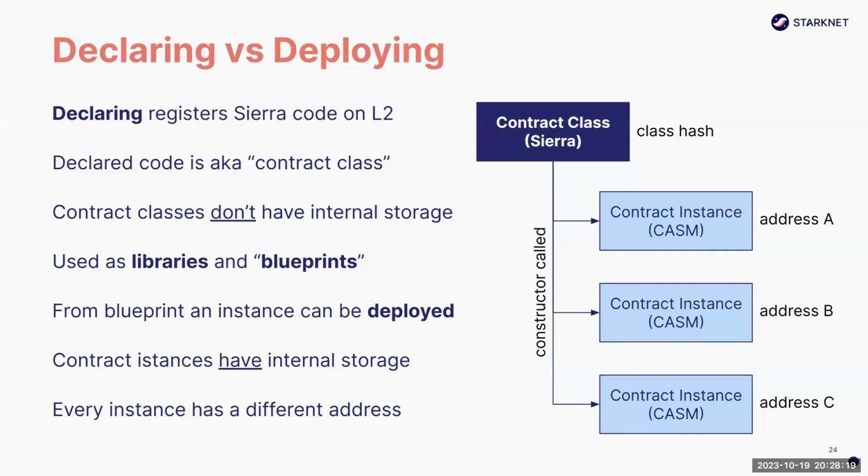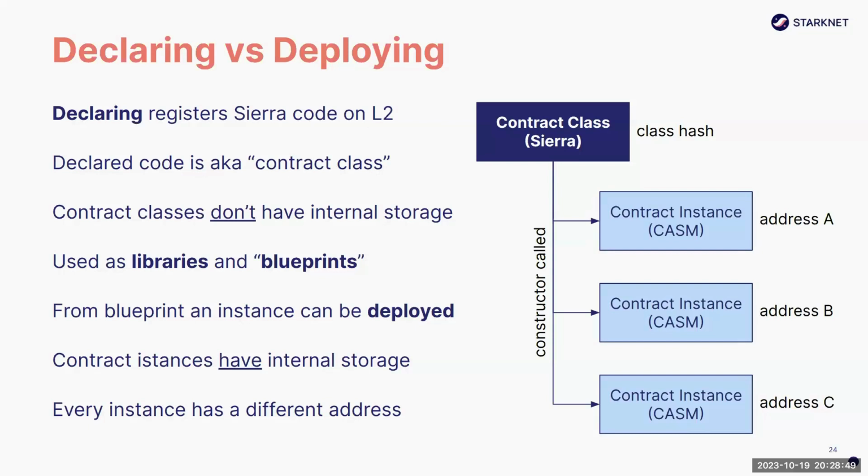Declaring the contract basically means you are registering the blueprint onto the network. So declaring registers Sierra code on L2, which is Starknet in this case. Declared code is also known as a contract class. When you declare your code, it generates a class hash for you.